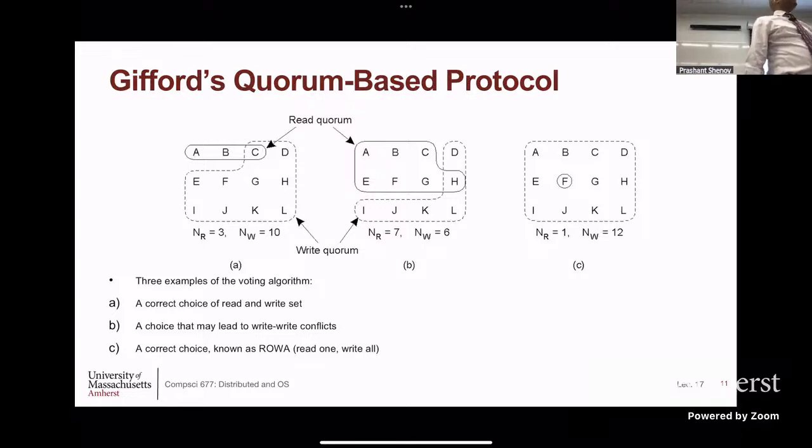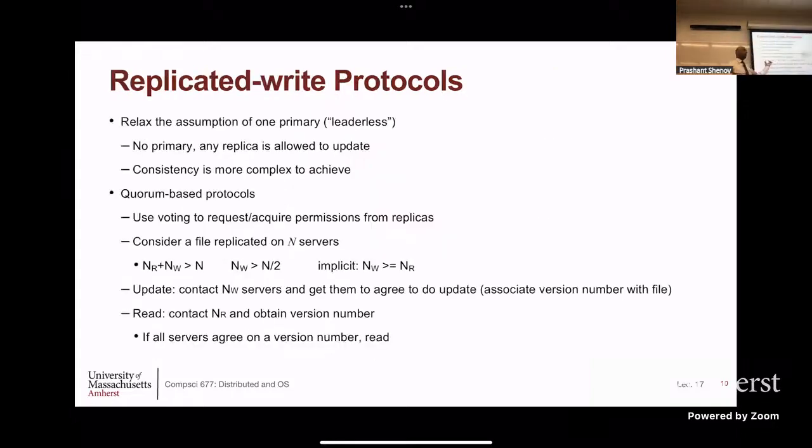There's no way to pick servers where they all agree, because you'll pick 6 plus at least one that will disagree by definition. Which is why we need to follow these rules: the sum NR plus NW has to be greater than N, NW has to be a strict majority, and the read quorum has to be smaller than the write quorum. It's the only way you will succeed. Is that clear?